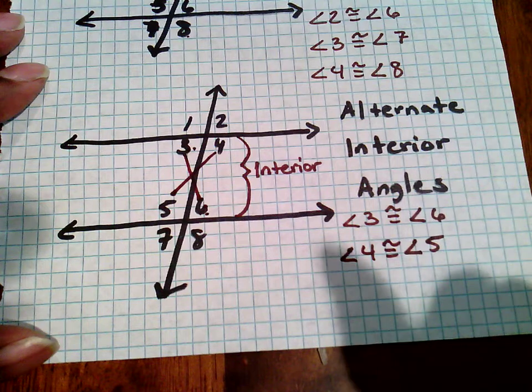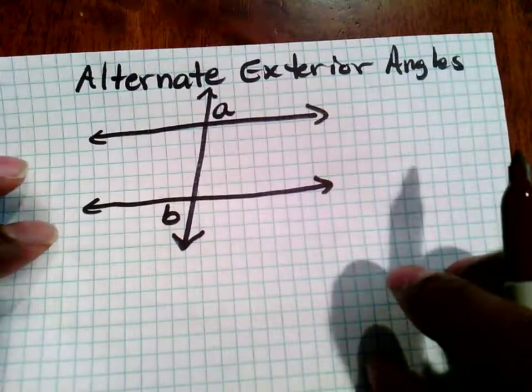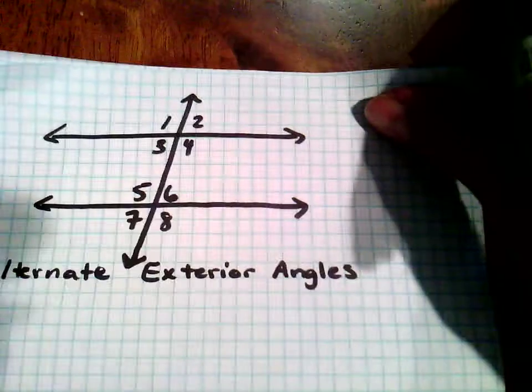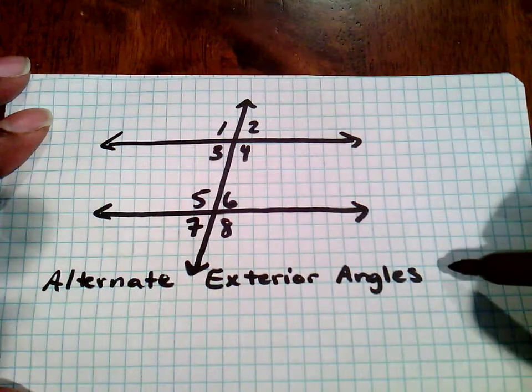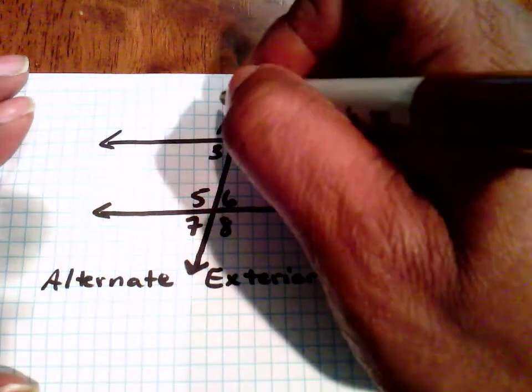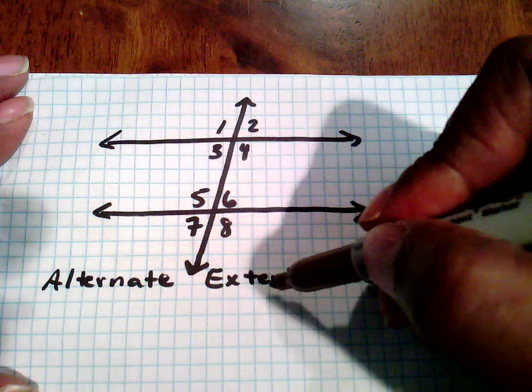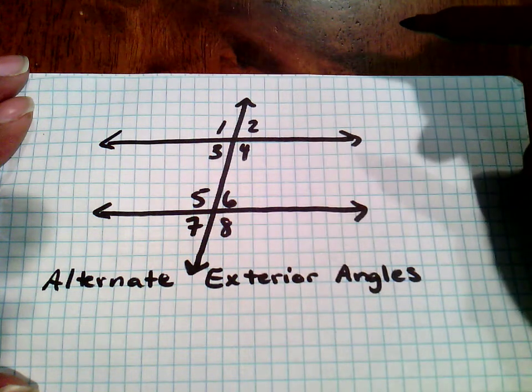All right. Now, last set of angles, we talked about interior. Now let's talk about exterior. Alternate exterior angles. If we take a look at exterior, this means, in short, the outside.